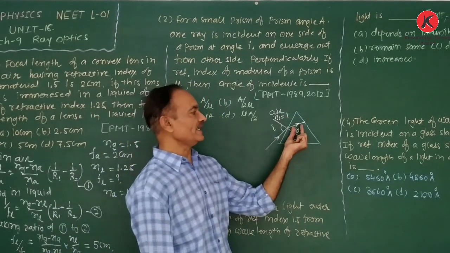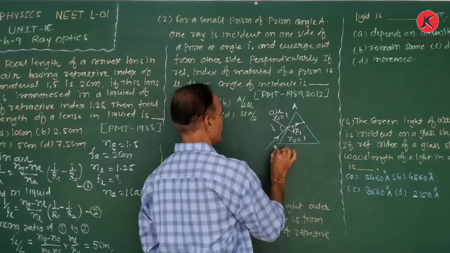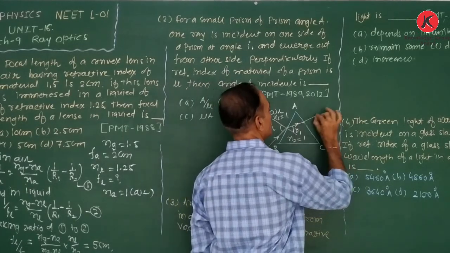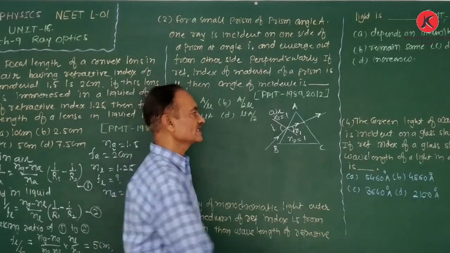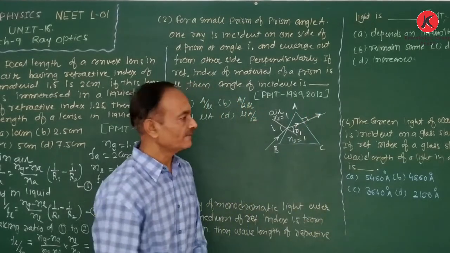This refracted ray is incident on the other surface of the prism perpendicularly. Therefore, it emerges out perpendicular to this surface, at 90 degrees to the surface.